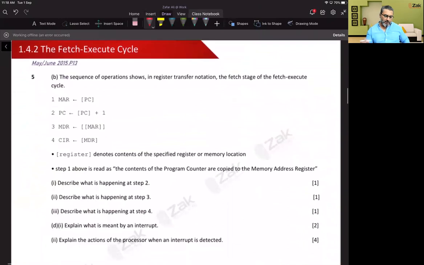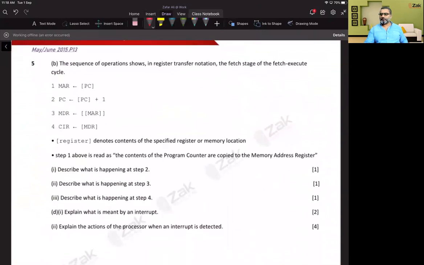The sequence of operations shown in register transfer notation is the fetch stage of the fetch decode execute cycle. So what is the right sequence?